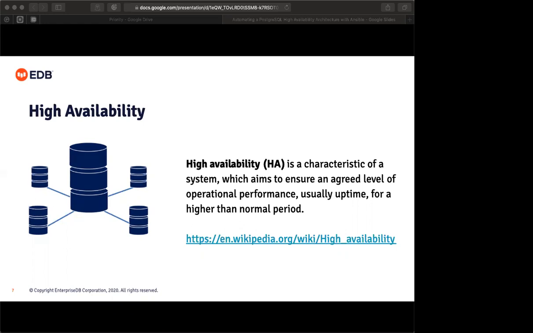Generally, people measure availability in percentage, and based on the percentage, they define the number of hours, minutes, or seconds they have for downtime. The three key principles of high availability are, first, eliminating a single point of failure.